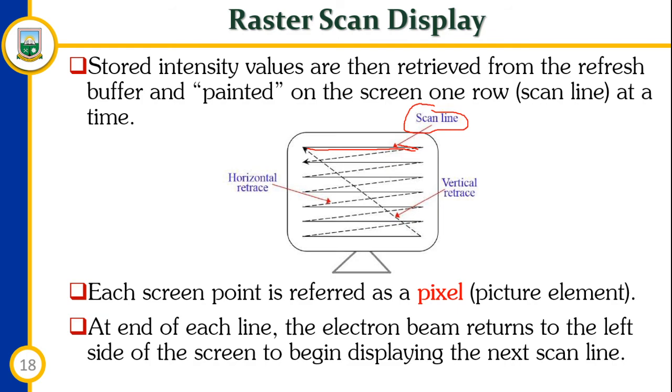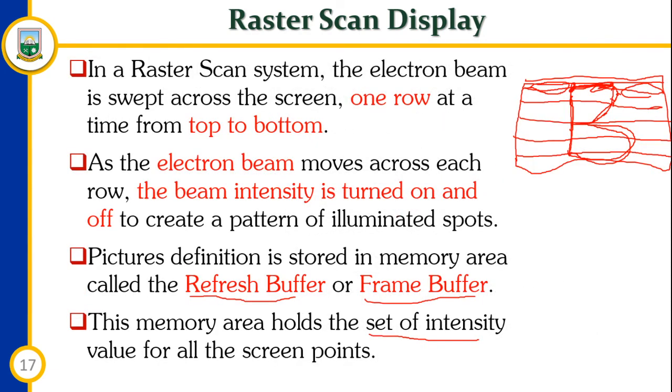So this is the vertical retrace, as you can see here. So that is the line going back again to the starting points of the beam. So each screen point is referred to as a pixel. So in drawing the B, as you saw here, each screen point that is turned on is termed as a pixel.